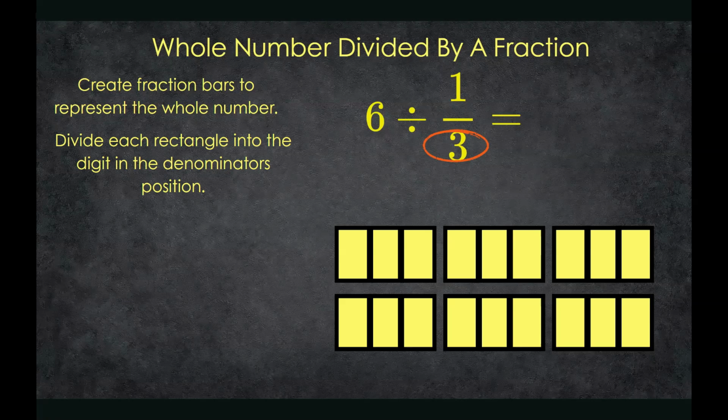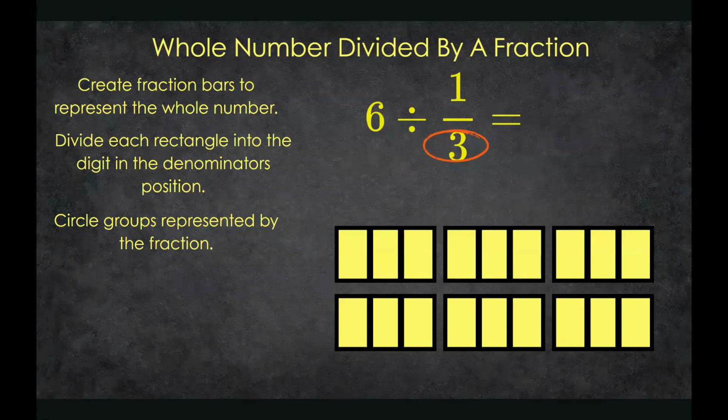Now that they're divided into thirds, we look at how big our groups are. We look at the numerator, 1, and that tells me each group is worth 1/3. And that's what I'm going to be counting: how many groups of 1/3 are there in these 6 wholes.